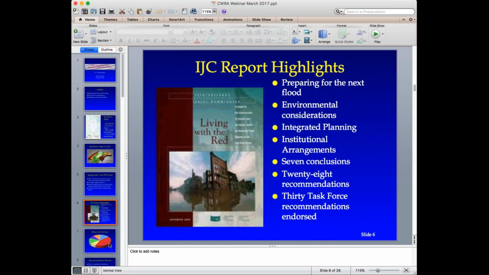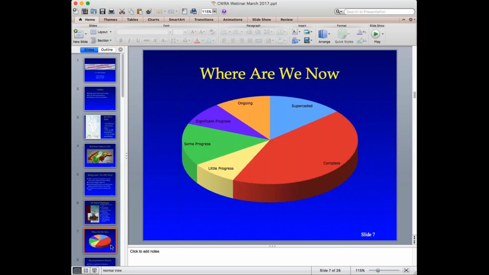When you examine all of those recommendations and where they are today, you get something like the pie diagram that I'm showing you. Of those recommendations, almost half have been completed. There's a significant number that's been superseded by events, and I'll discuss some of those shortly.